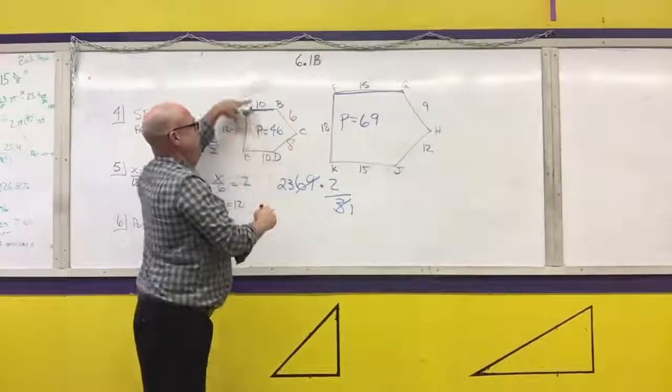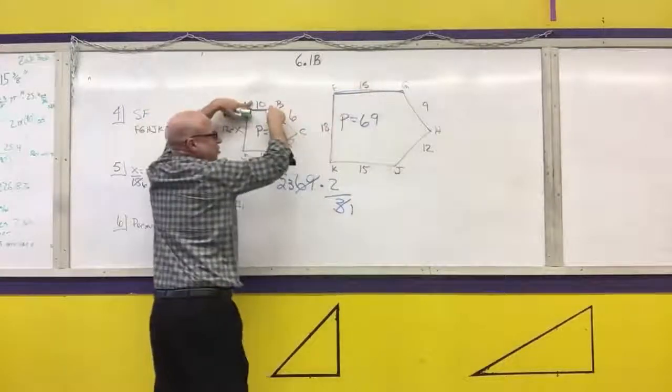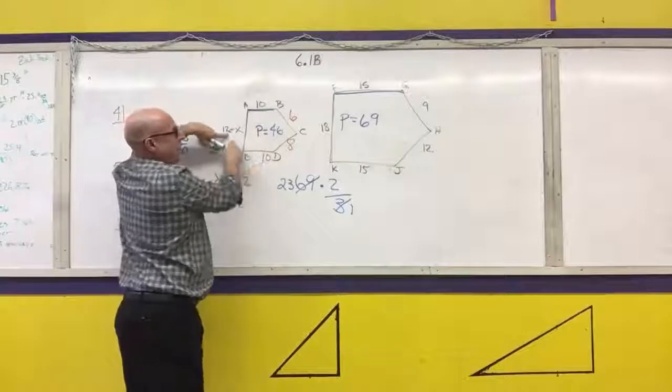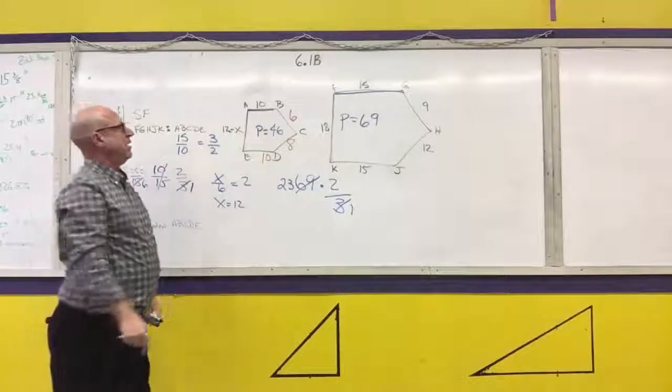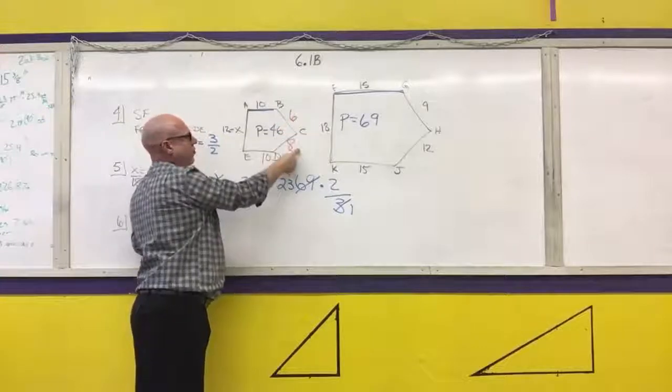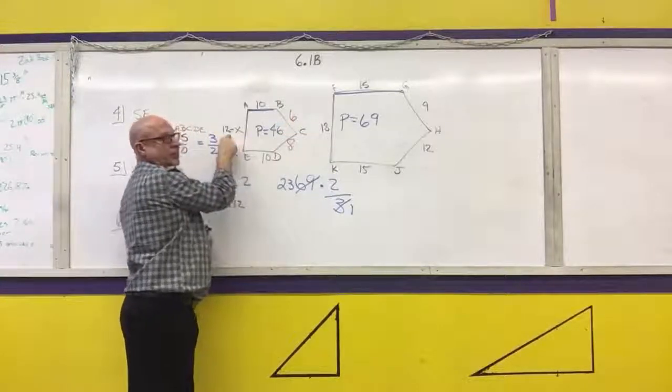And this should make sense. If that one is a 15 that goes to a 10, and that one's a 15, what's that one got to go to? And we already calculated that one. So now let's add these things up. 10 plus 6 is 16, 24, 34, 46.